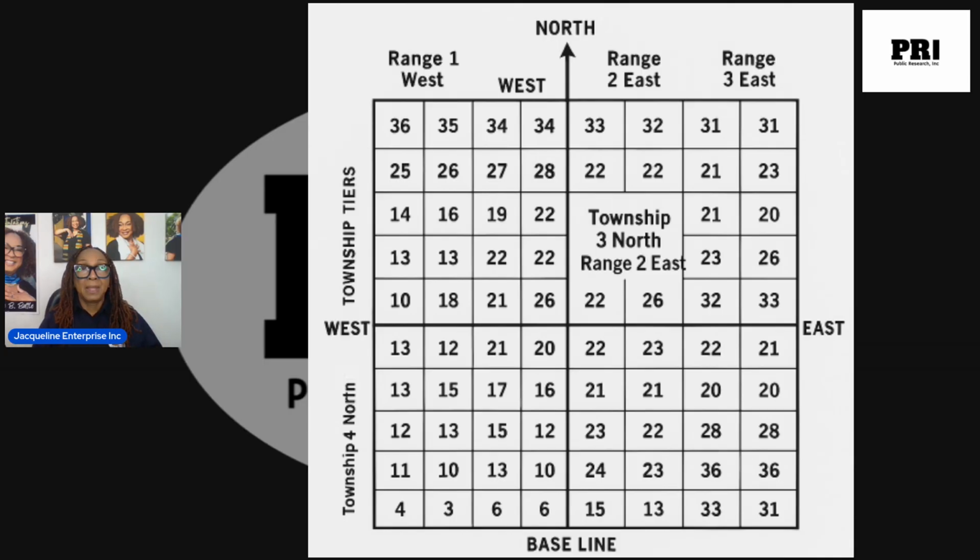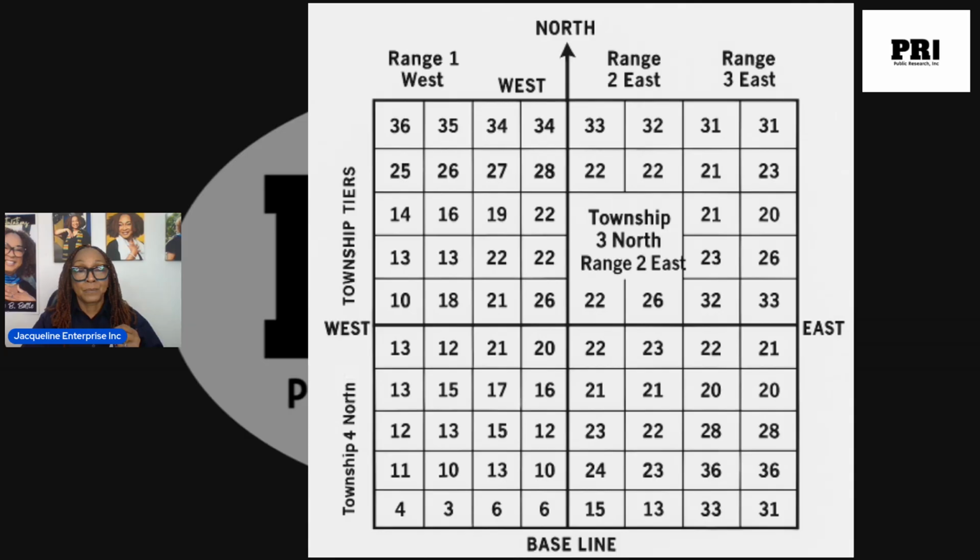And then a section or 1 square mile is how many acres? 640 acres. 1 acre is 43,560 feet. But a section is actually 1 square mile. Totally different. That encompasses 640 acres.